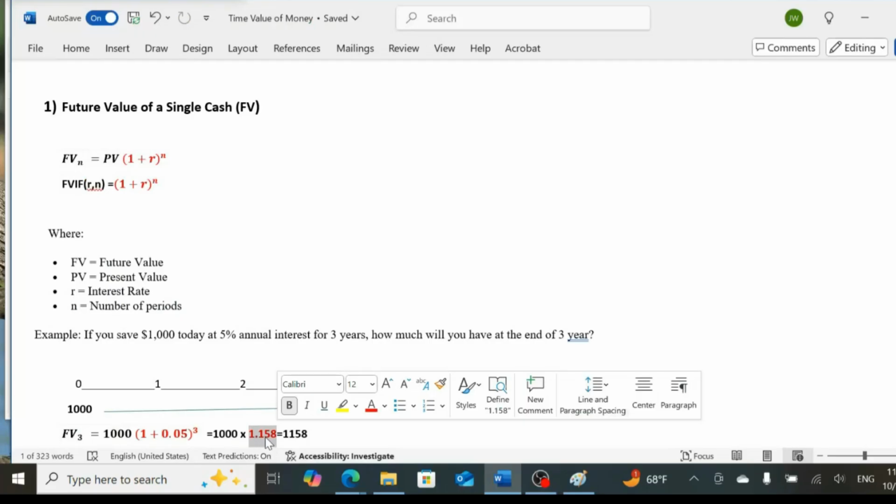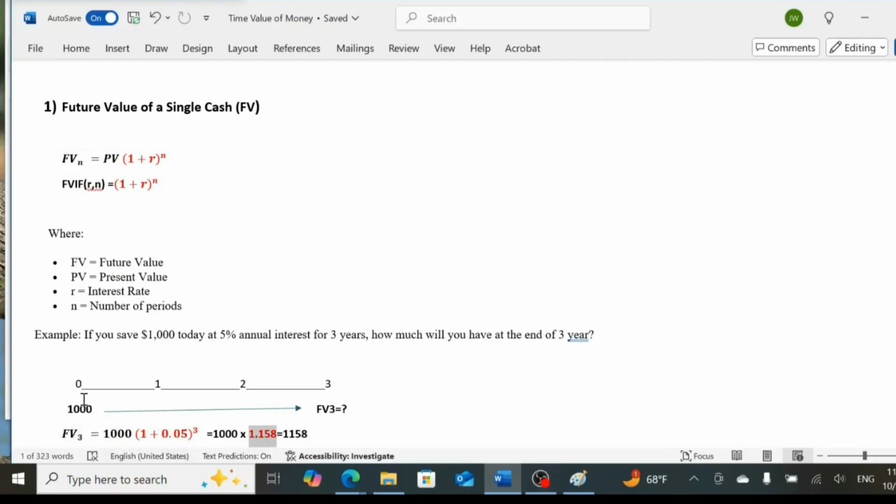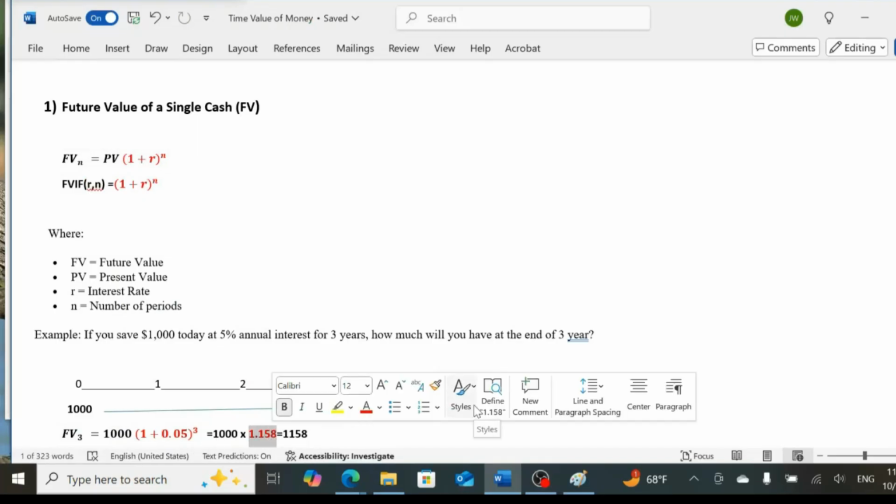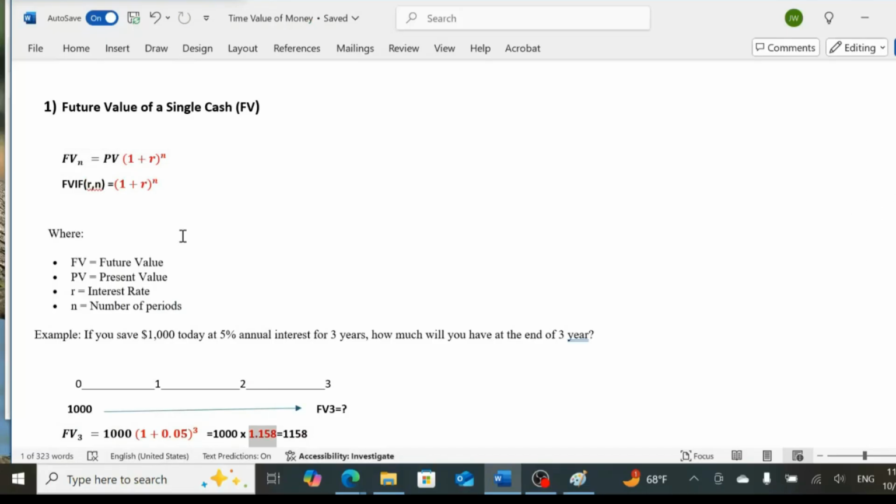What does that number tell us? That means if you save $1 today, after 3 years, $1 will become $1.158. What about $1,000? You just multiply by $1,000. We mentioned earlier this is referred to as the future value interest factor.